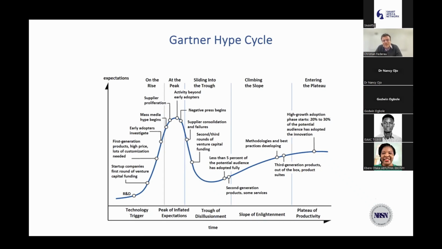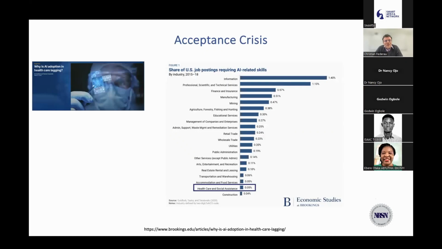The expectations have not been fulfilled in the last few years. I've even found a paper calling it an acceptance crisis, showing the number of job posts with AI, I think in the US, depending on the different fields. In healthcare, despite the fact that we constantly hear about AI in healthcare, in the job posts it's just above construction.